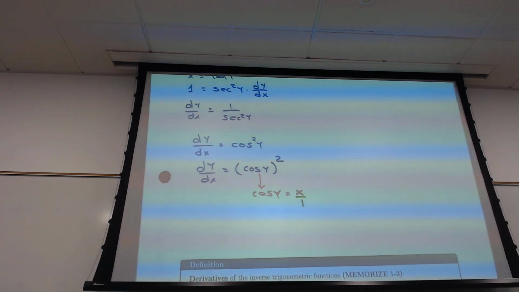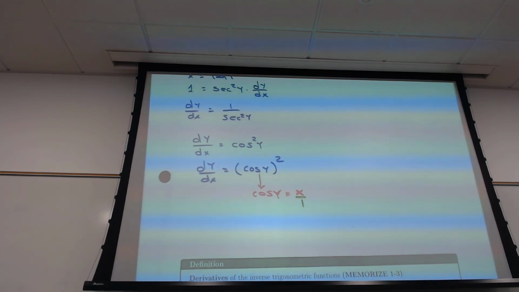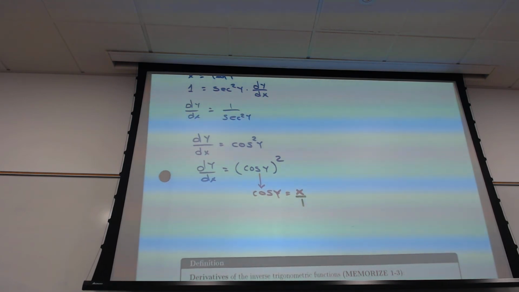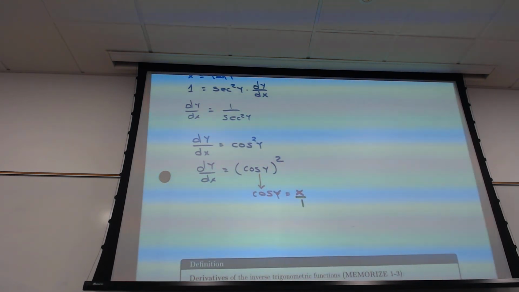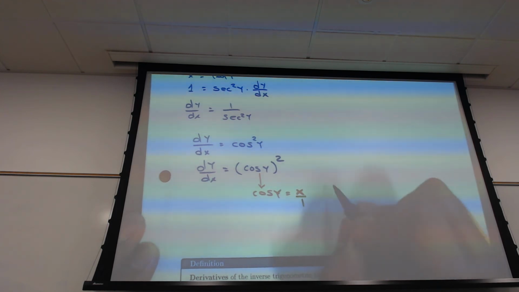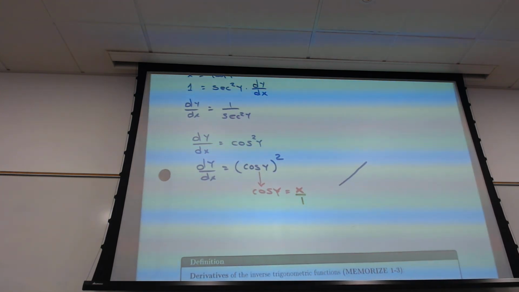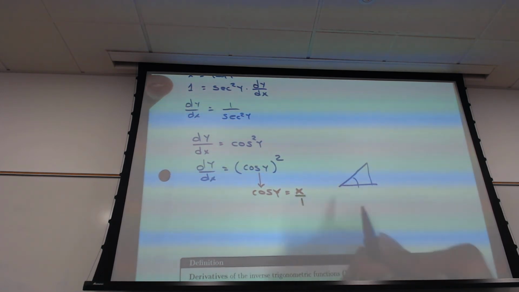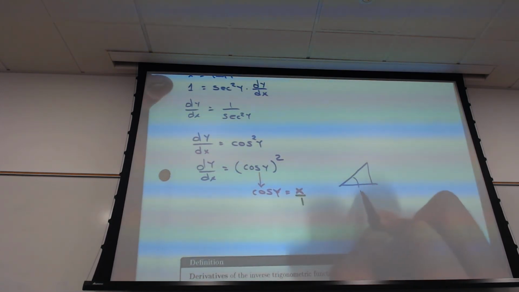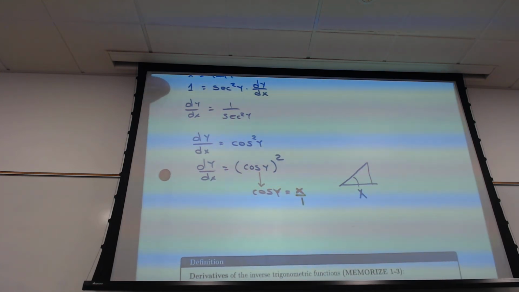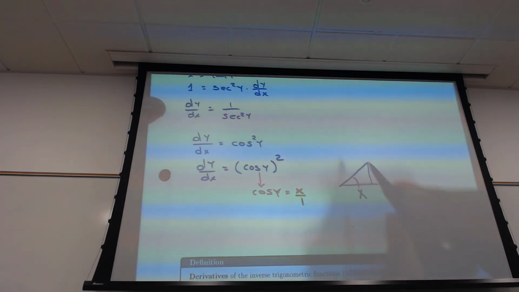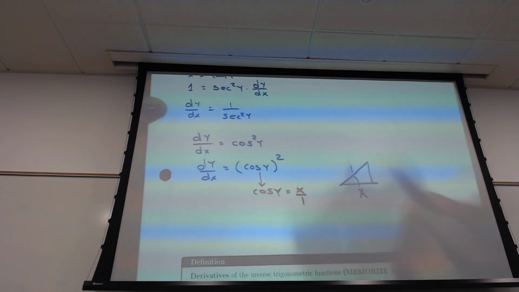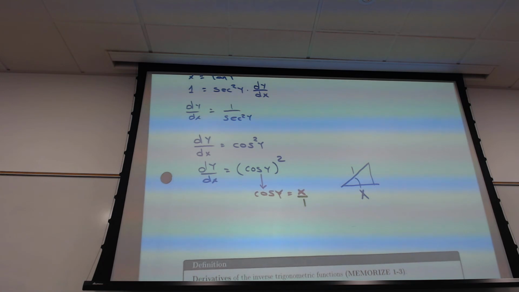So let's set up a triangle, with hypotenuse 1 and x as the other side. So let's find the length of the missing side.